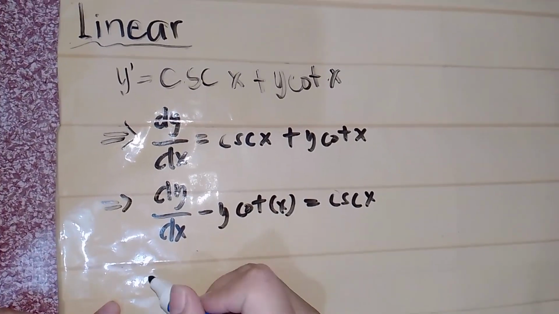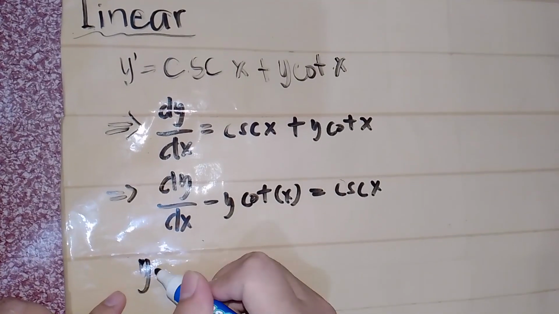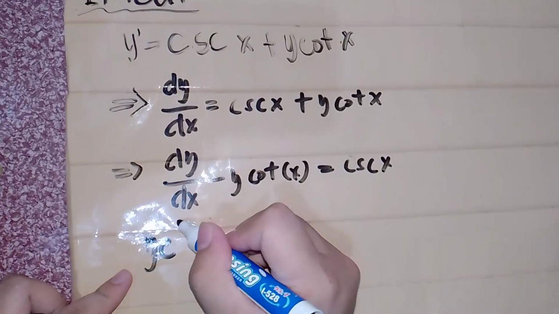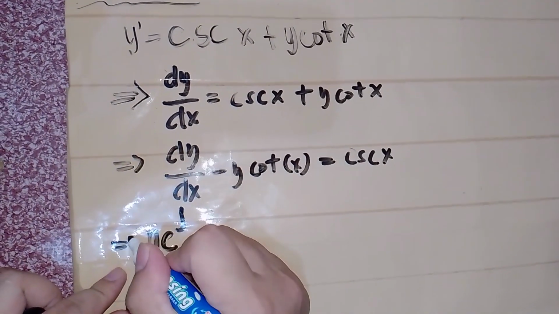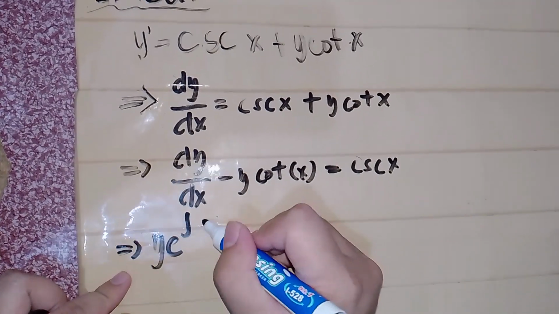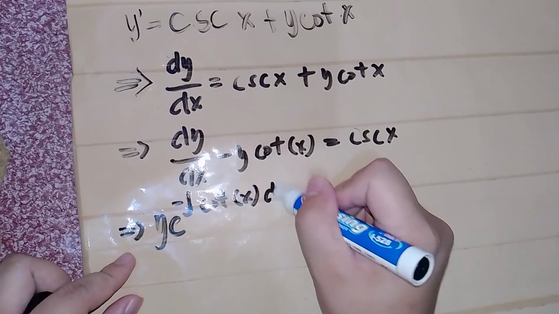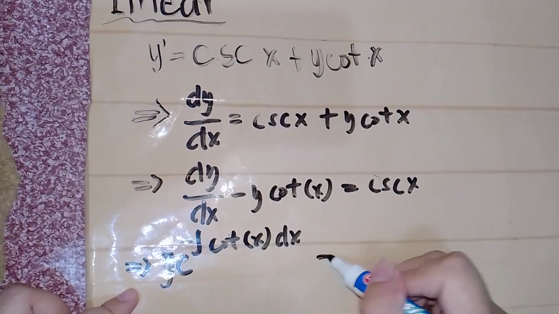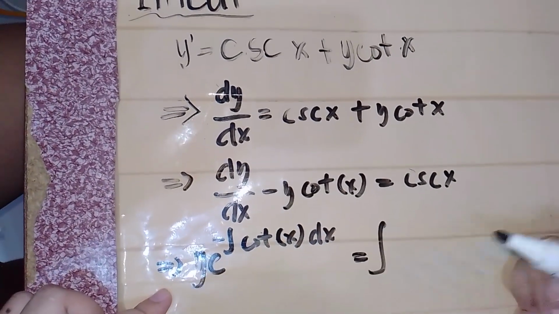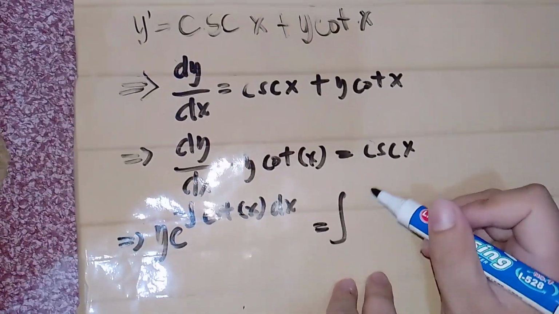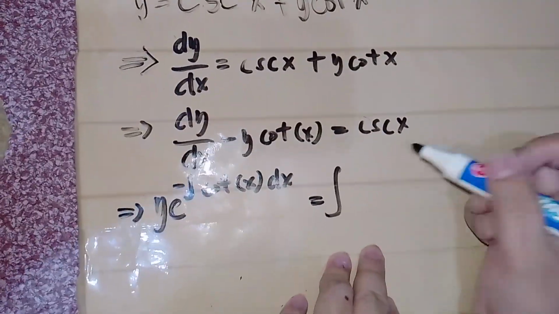So y times e raised to the integral of p of x, which is negative cotangent of x dx, is equal to the integral of q of x, which is cosecant x.